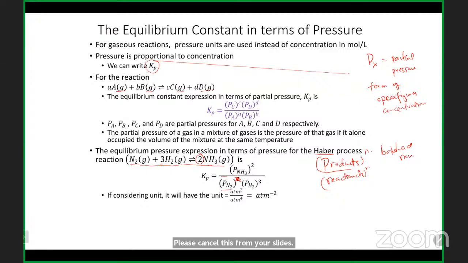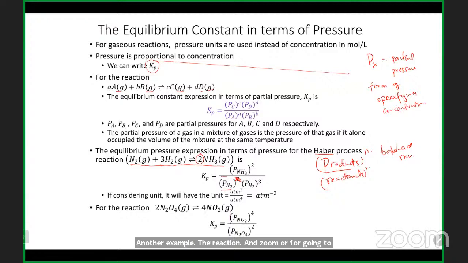Another example, the reaction N2O4 going to 2NO2. The products, PNO2 raised to power 2, over PN2O4 raised to power 1. Now, for the person that said mathematically it will cancel out, look at this: one of the units of pressure is atm, atmospheres.